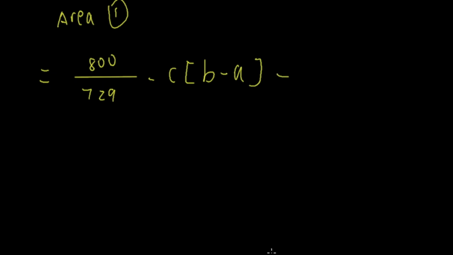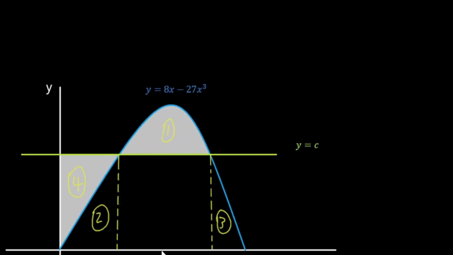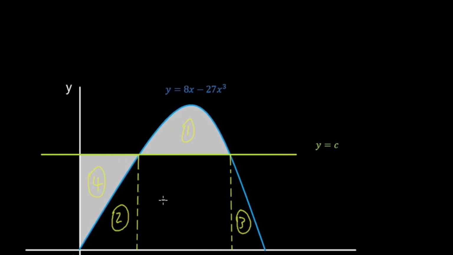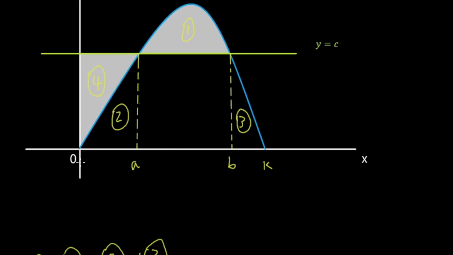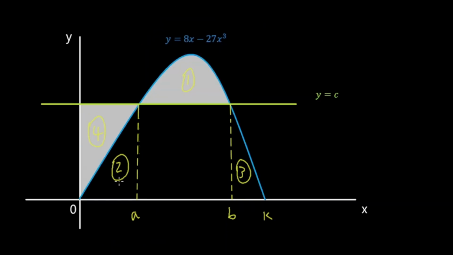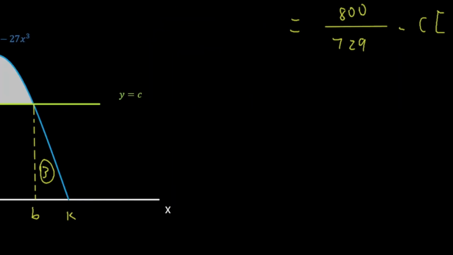minus area 2. And area 2 is the integral from 0 to a under the cubic function, this region here.